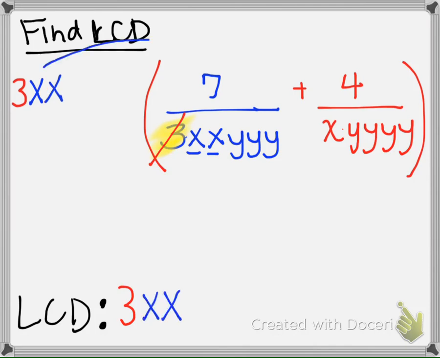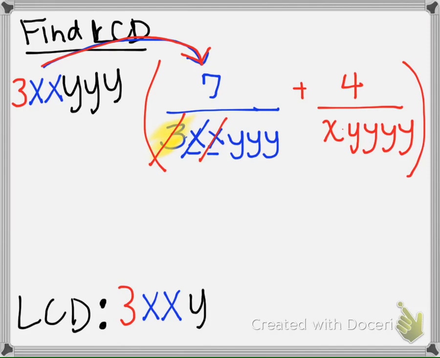And then when I distribute this here, this x will cancel out with that one, and this x will cancel out with that one. Okay, then when I distribute here, I see that there are 3 y's, so I also need 3 y's. So that way, these 3 y's will cancel out with these 3 y's.